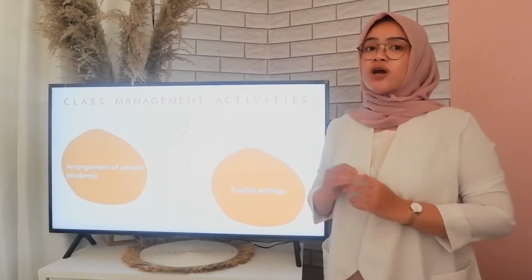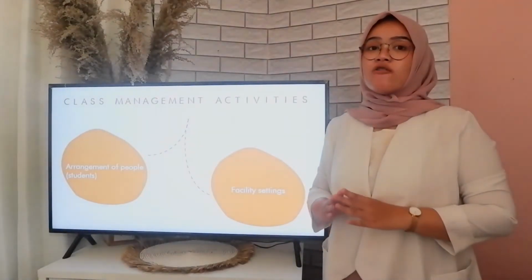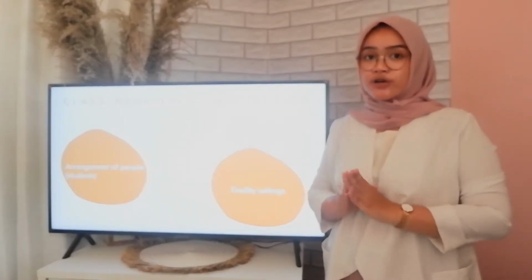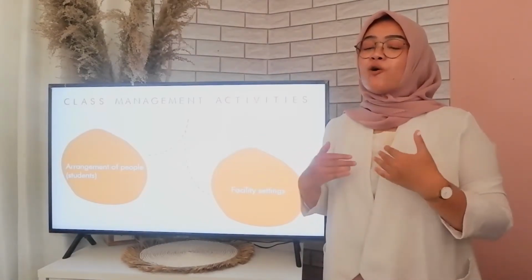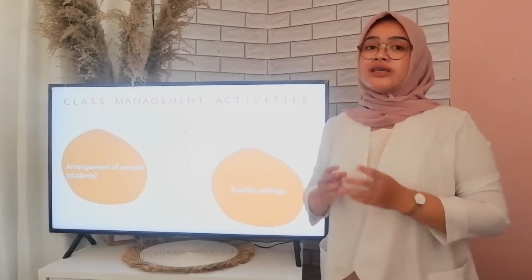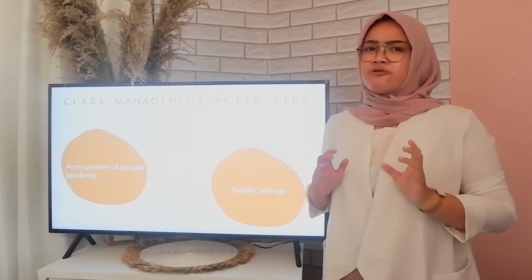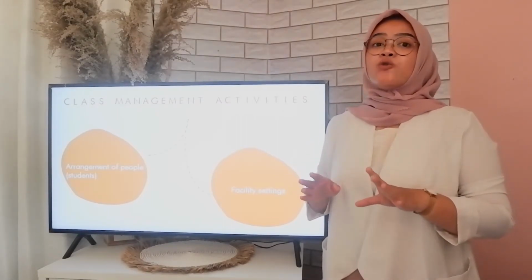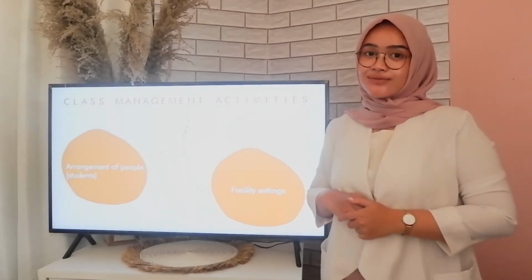We need to make sure the whiteboard is clean, because all of this will affect the students' comfort. We as teachers need to make our students really comfortable, because if they feel uncomfortable, it will affect their motivation to study.